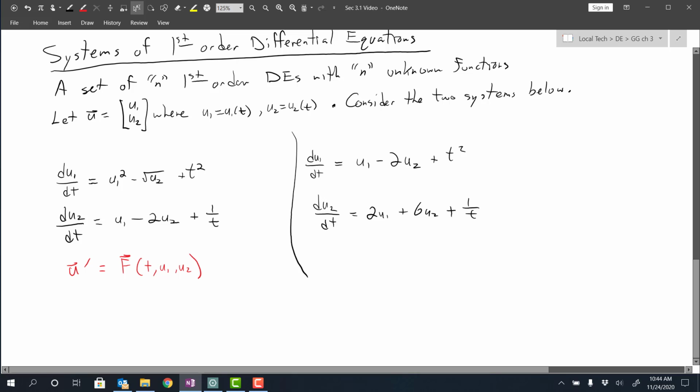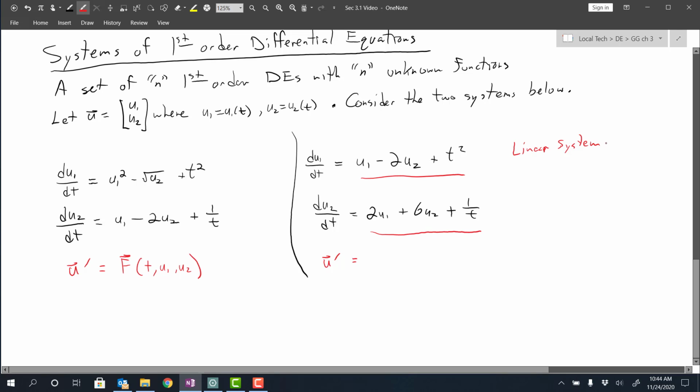Now if I look at the one on the right, I might start to do the same thing. The left-hand side can still be the vector u prime. However, when I look at each one of these individual equations, because this equation is linear with respect to its dependent variables u1 and u2, and this equation is also linear, this actually is a linear system of differential equations.